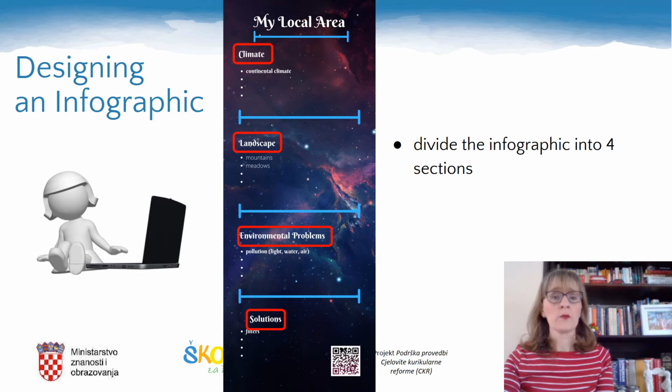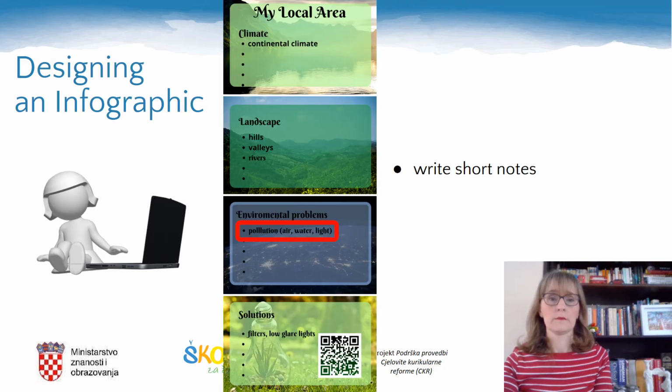Our infographic will have 4 sections: climate, landscape, environmental problems, and solutions. You will concentrate on your local area. And remember, when writing notes, make them short, don't write full sentences.